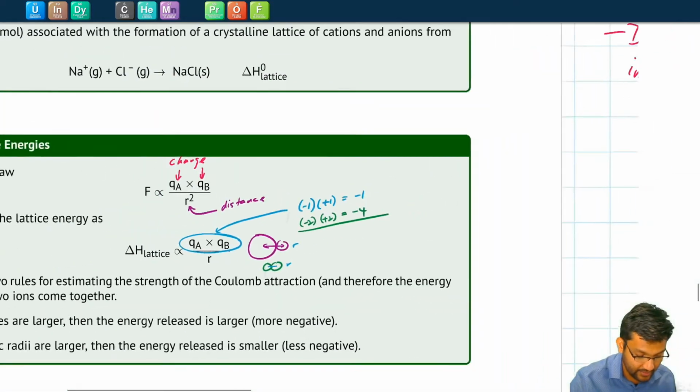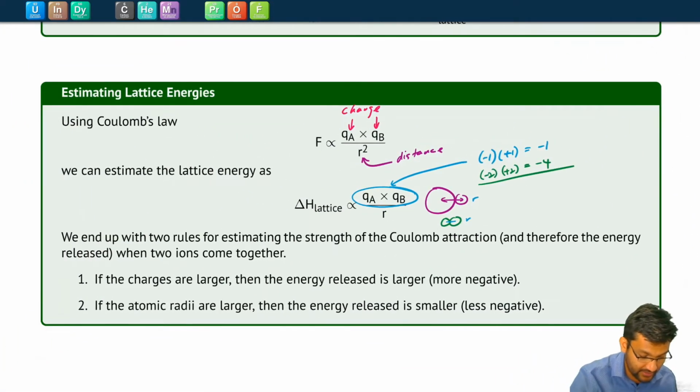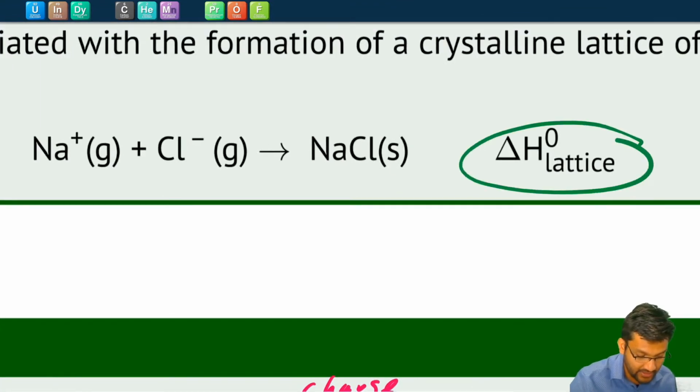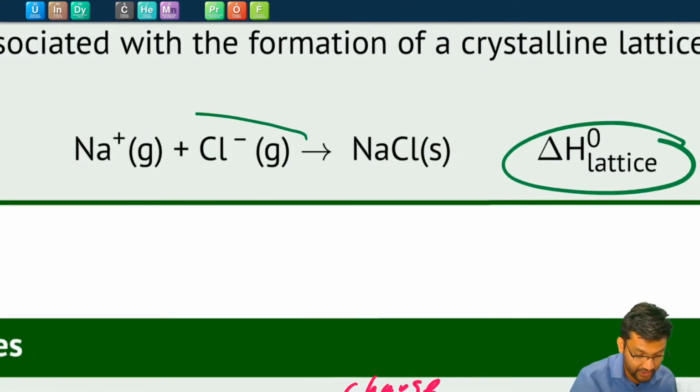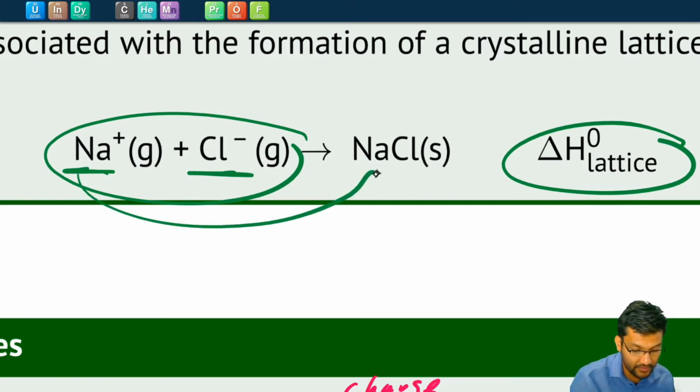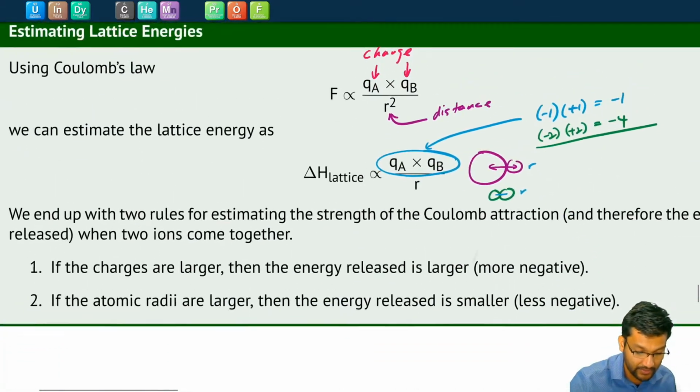And just to round out the argument, since we haven't actually talked about it, the lattice enthalpy is the negative energy that is released when two ions come together. If you have a sodium ion floating around and a chloride ion floating around, and they come together to form solid sodium chloride, the energy released is the lattice enthalpy, and typically it'll be negative.